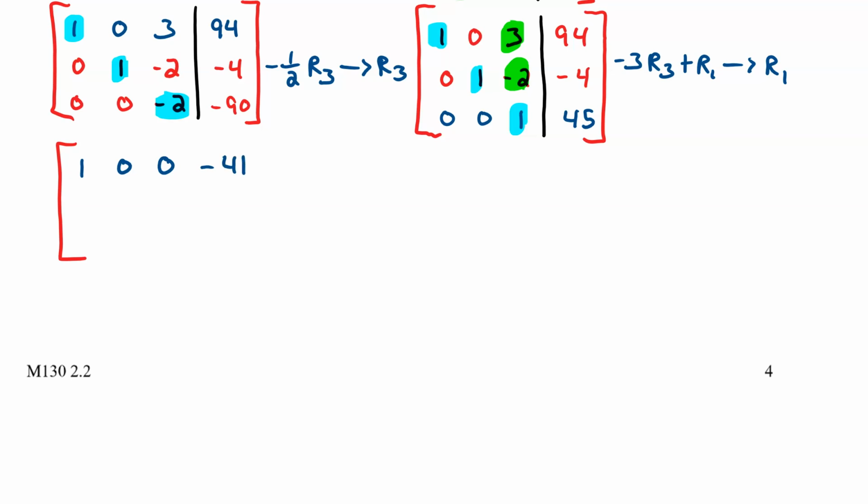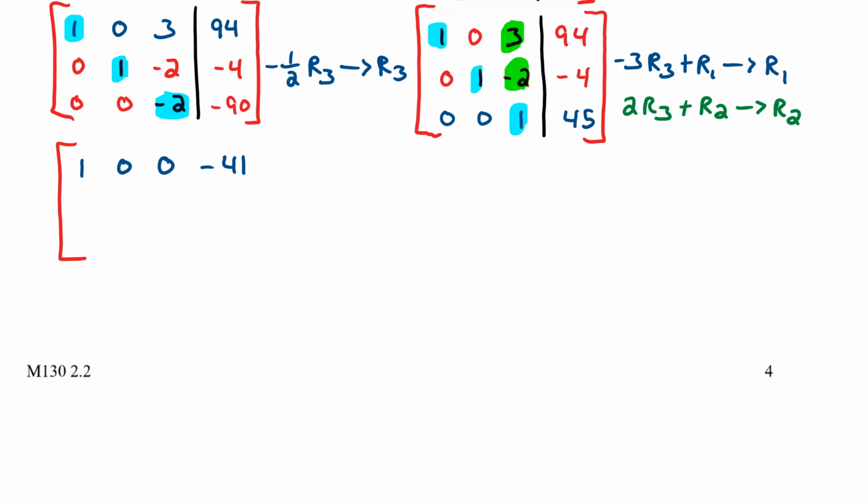We also need that 0 to take the place of the -2. So we need to take our bottom row, this time just multiply it by a +2. So 2 times that bottom row, add it to the middle row. And that's going to become our new second row to get rid of that -2 that's sitting right there.